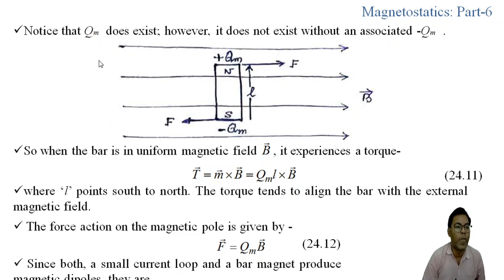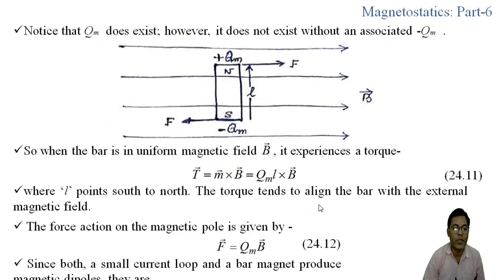Now notice that Qm does exist, however it does not exist without an associated minus Qm. So when the bar is in a uniform magnetic field B, it experiences a torque, because the forces act in opposite directions. This torque can be calculated by the expression which we have derived, that is M cross B. Here the magnetic dipole moment M is replaced by Qm into L cross B, where L is directed from the south pole to the north pole.